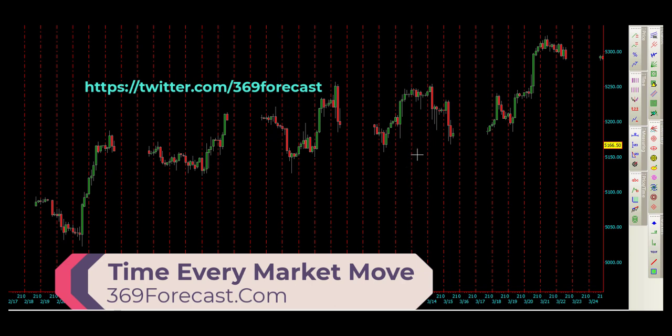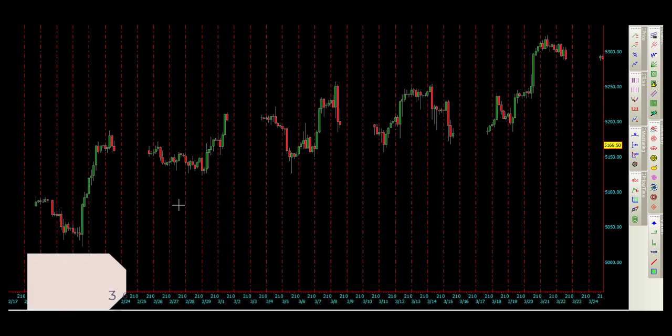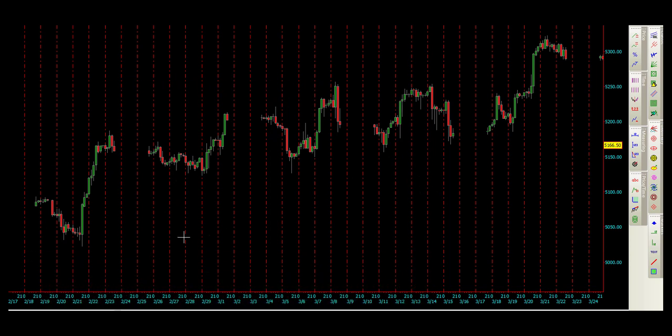Today we are discussing the natural science of counting the bars. This is a chart of ES futures.